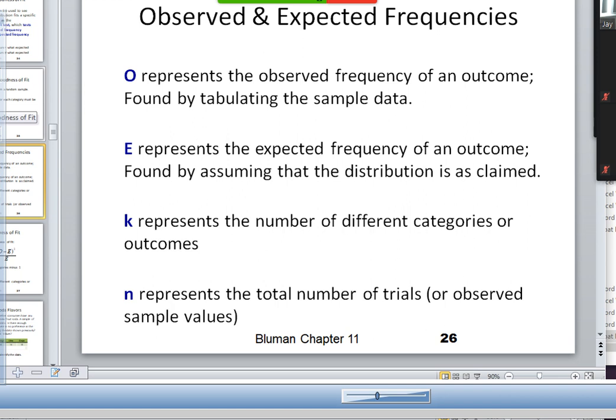E represents the expected frequency of an outcome found by assuming that the distribution is as claimed. K represents the number of different categories or outcomes. N represents the total number of trials or observed sample values. Great, thank you.